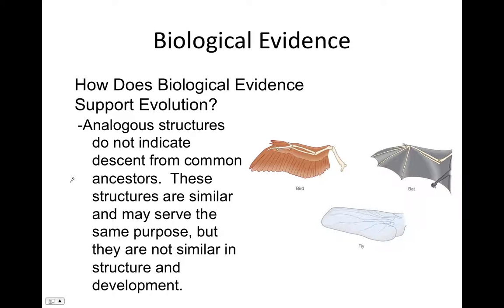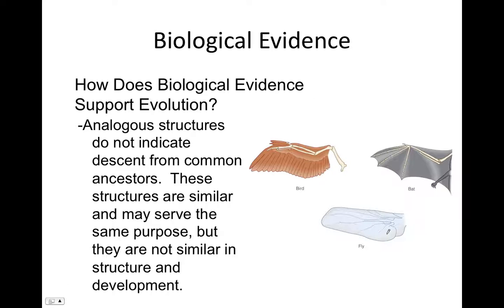So for example, a bird, which evolved from reptiles, a bat, which is a mammal that evolved separately from reptiles, and an insect like a fly, which is very distantly related as well, have all developed, in this example, structures to fly.